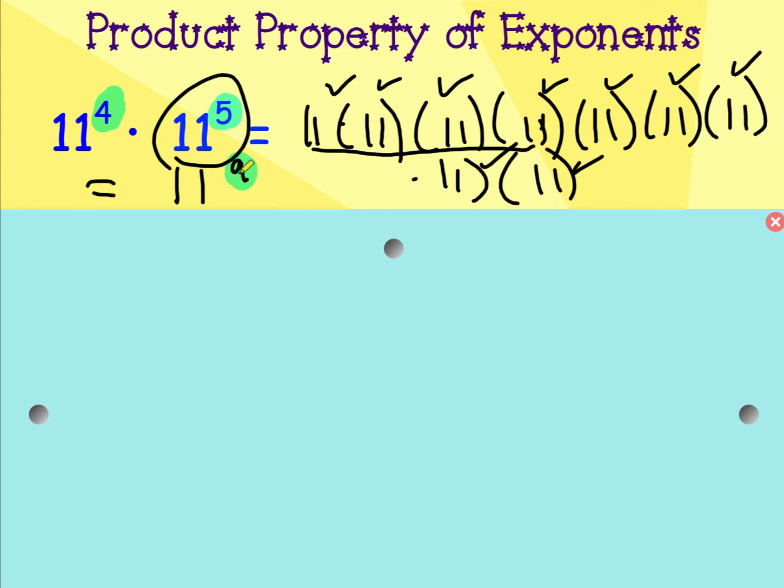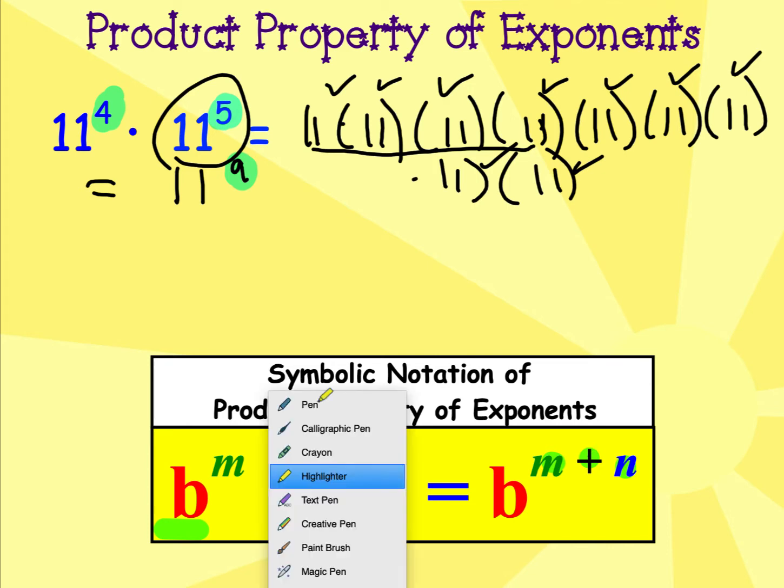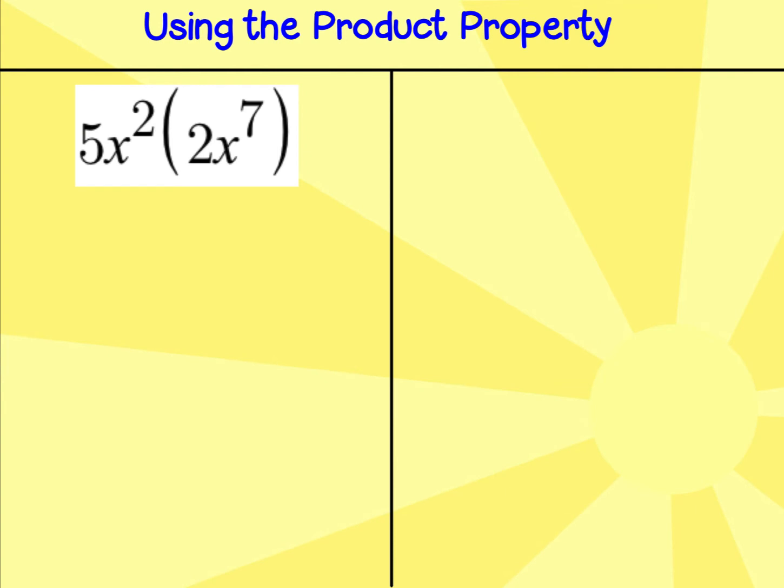So the product property of exponents just says that if I have the same base, and I'm multiplying, I simply add the exponents together. There's one restriction that's always going to be true, and that is that the base has to be a real number. Okay, so now let's use that.